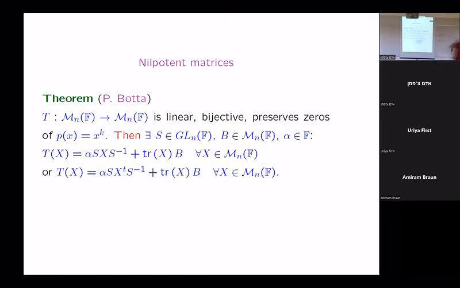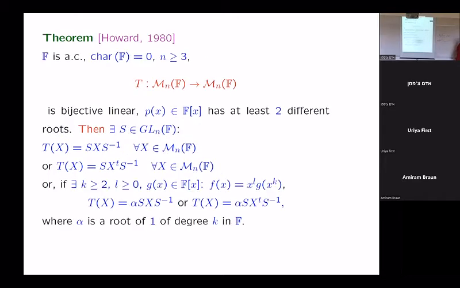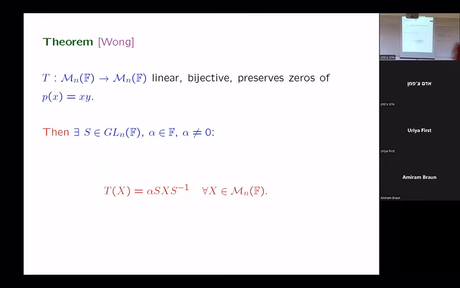And sometimes these maps are uncontrollable, but in some cases they are standard. I will not go into the details, I would just like to show that if you have several variables, sometimes maps are standard, like zero products.